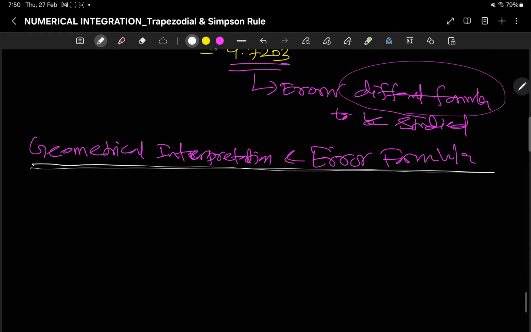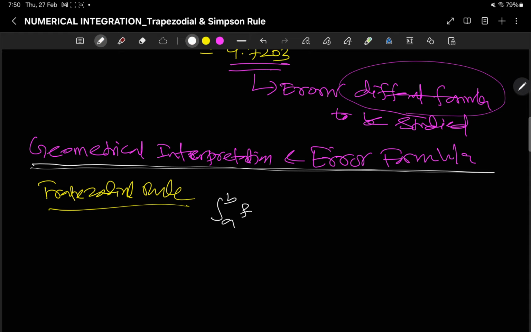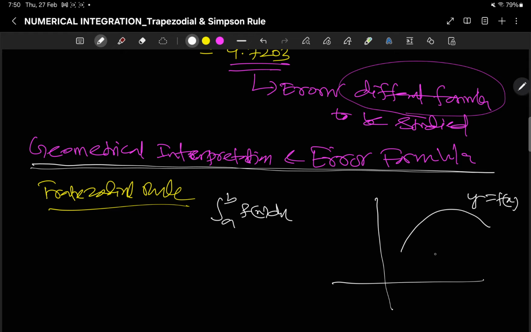Now coming to the trapezoidal rule, you are asked to evaluate the integral a to b f(x) dx, which geometrically means the curve is given like this. This is the curve y is equal to f(x), and this is your a and this is your b.